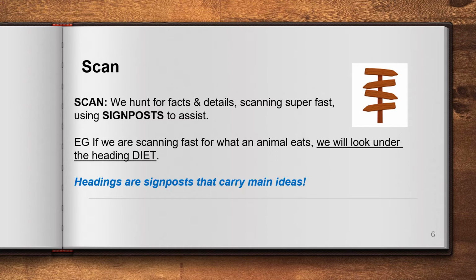So that's a signpost. A heading is a signpost, and the word diet tells you that the main idea of that section is going to be about a diet of an animal. So please, please know that headings are signposts that carry main ideas.